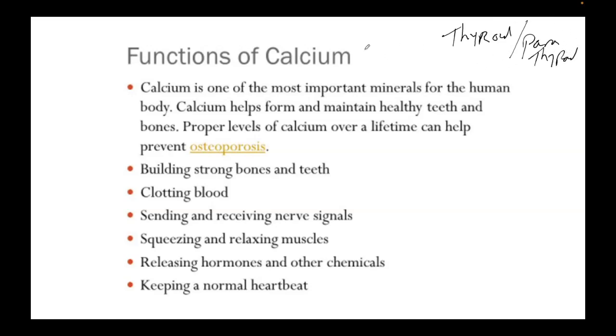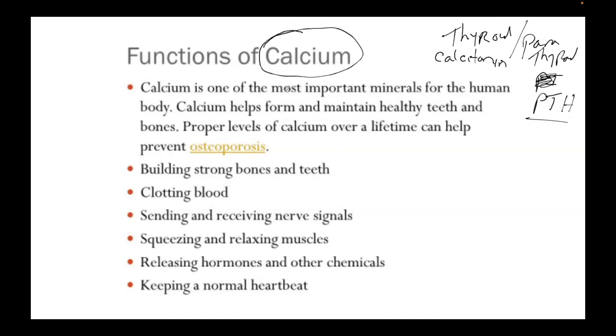Both thyroid and parathyroid are involved in regulating calcium balance. Remember, the thyroid uses calcitonin to do it. Calcitonin. And the parathyroid is going to use parathyroid hormone, PTH.